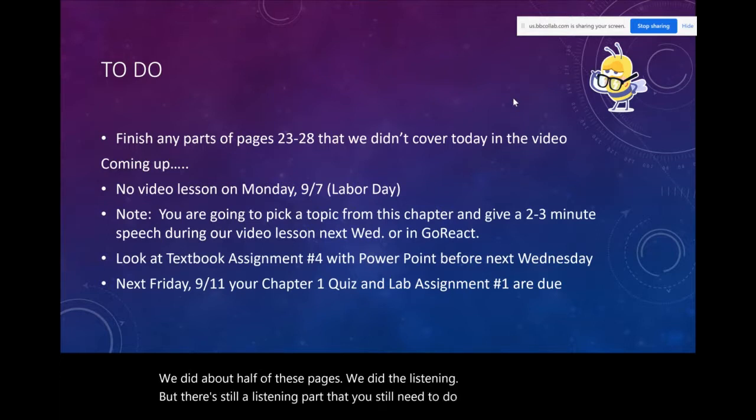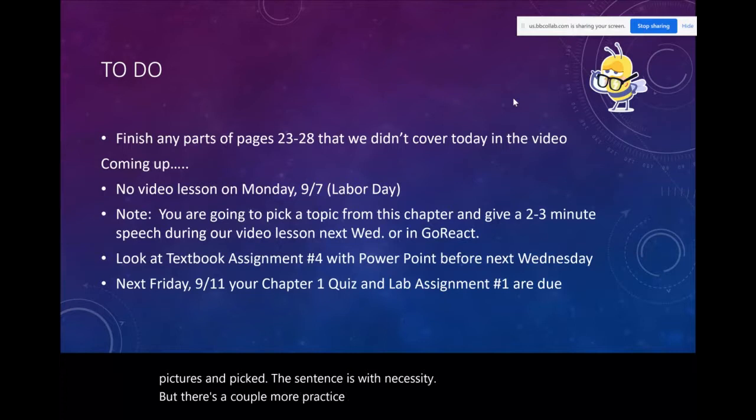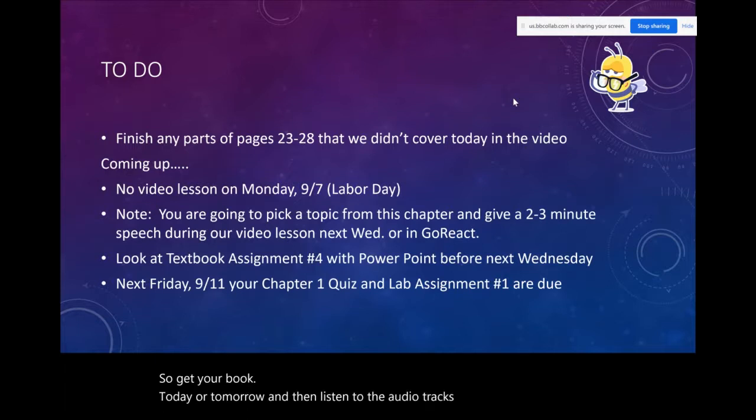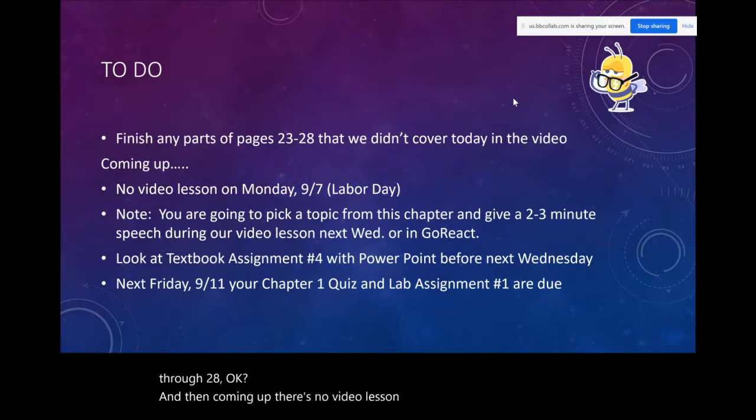We looked at the pictures and picked the sentences with necessity, but there's a couple more practice activities. So get your book today or tomorrow, listen to the audio tracks, and try to finish pages 23 through 28.